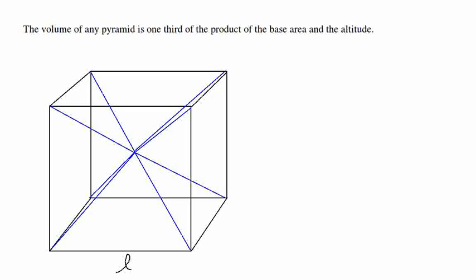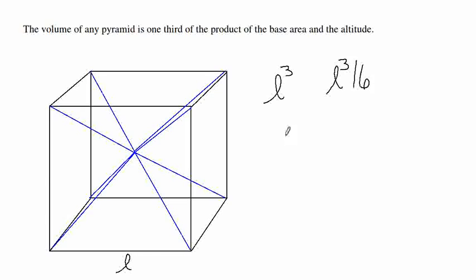All right, so the volume of the cube is L cubed. Since we have 6 identical pyramids, the volume of each pyramid is 1/6 the volume of the cube, so L cubed over 6. Now, let's see if that agrees with the general formula.